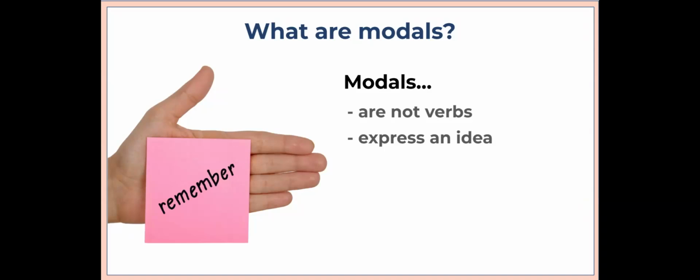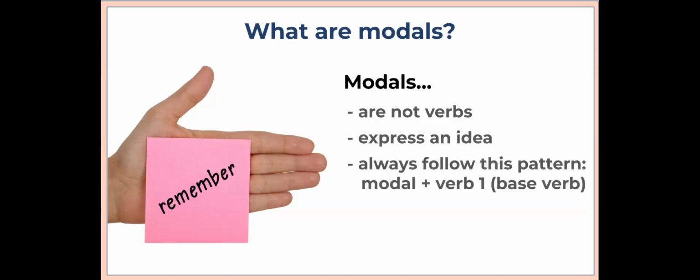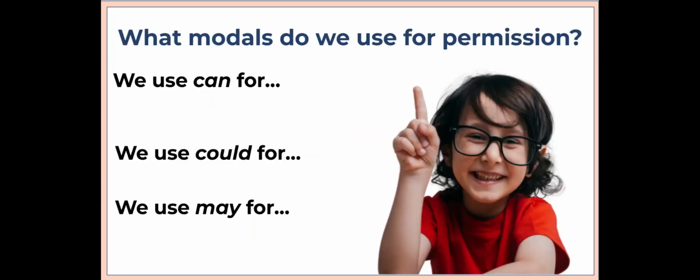Can't would express the idea of inability. So I can say, I can swim, but I can't fly. Modals always follow the same pattern: we have our modal, and then after we have a verb, one or base verb. So again, can swim, can't fly.